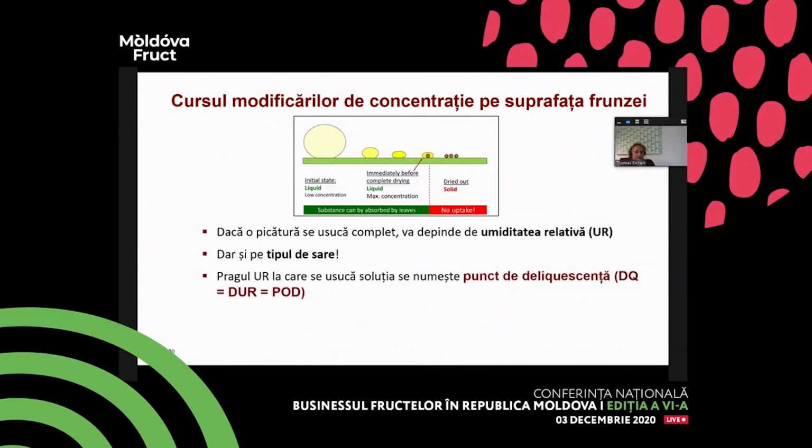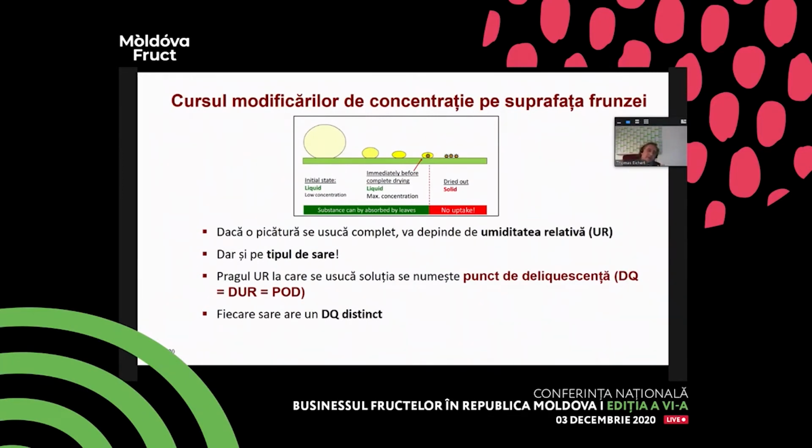Every salt has a certain threshold, a certain limit where it dries out, and this is called the deliquescence point, or relative humidity of deliquescence, or point of deliquescence. So this is the humidity where the salt dries out completely, and every salt has its own distinct deliquescence point.